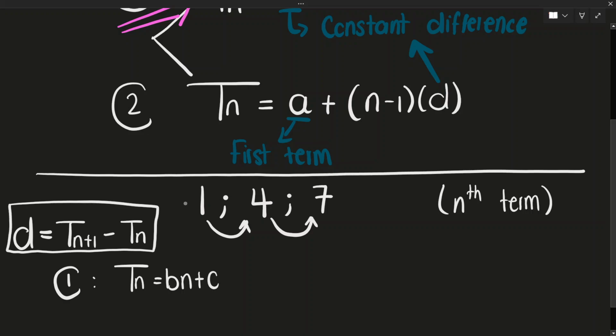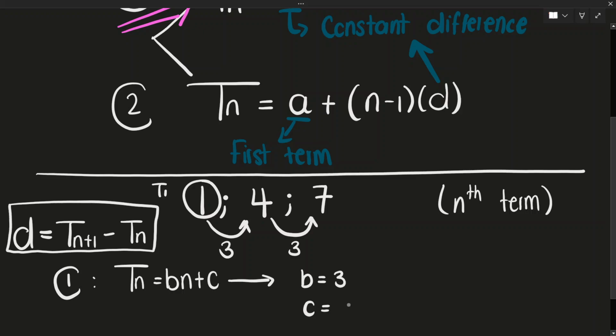So 4 minus 1 is 3. 7 minus 4 is 3. So the constant difference here is 3. Now in this pattern, we know that B is equal to the constant difference. Therefore, B is equal to 3. Now, when we continue, C is a constant term. We have the first term of this pattern.